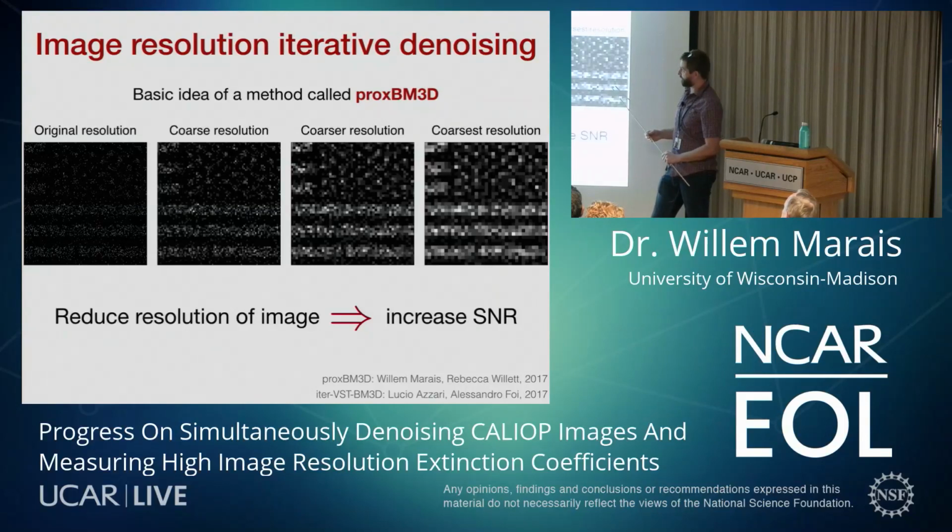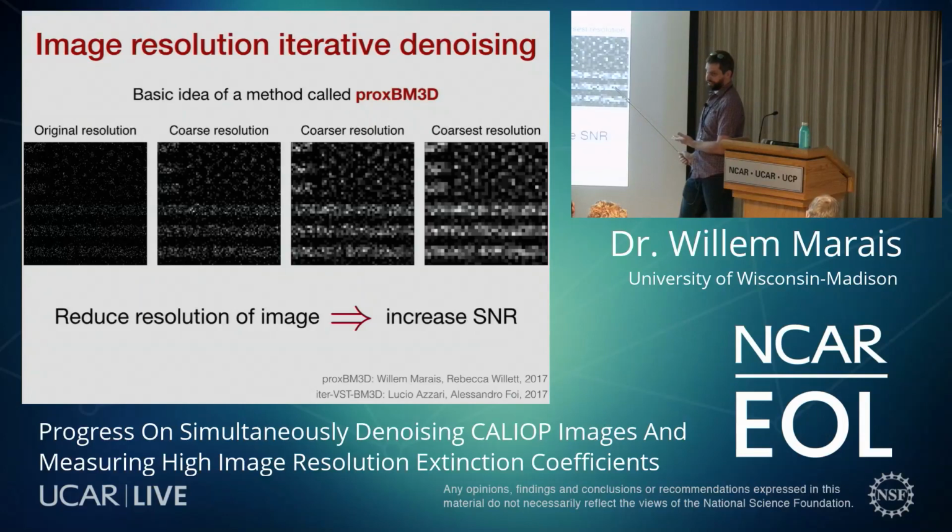So the basic idea of a methodology that Rebecca Willett and I developed called ProxBeam 3D, which is based on another methodology that was just for denoising, and what we developed was for inversing, is that we start with a very coarse resolution for an incoming image. We try to infer the image from this coarse resolution image. And then we say, okay, we have a fairly accurate estimate of the image at a coarse resolution.